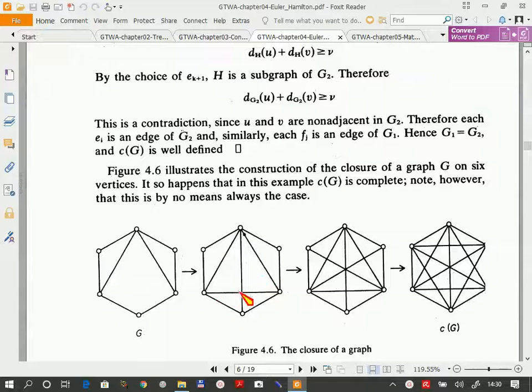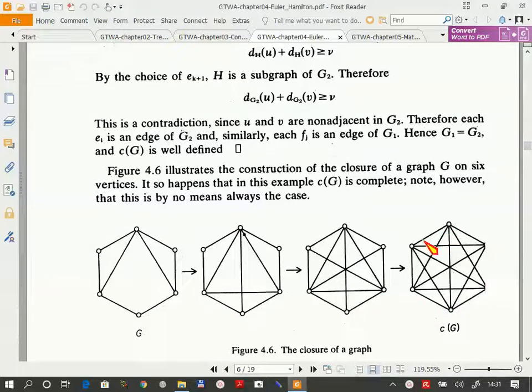Now you start again. Why? Because here you have 4, and here you have 2, so 4 plus 2 is 6, so you join. Here you have 2, here you have 4, 4 plus 2 is 6, so you join. Now you get this. Now you start again. And for instance, what about this and this, which so far were not to be joined? Here you have 3, here you have 3, 3 plus 3 is 6, and so you join. And okay, that's all.